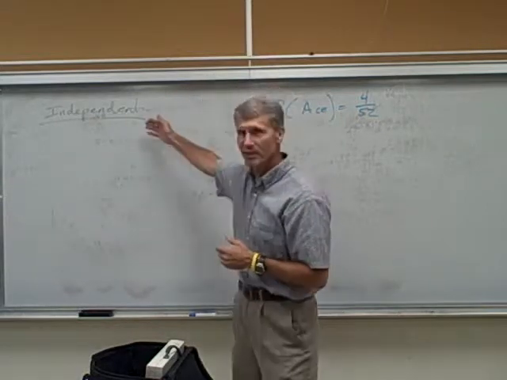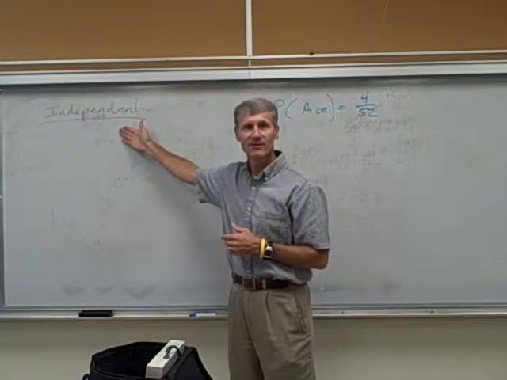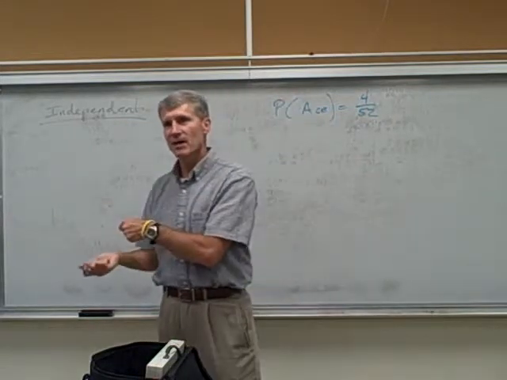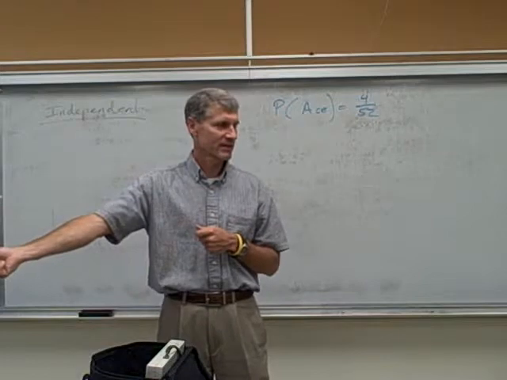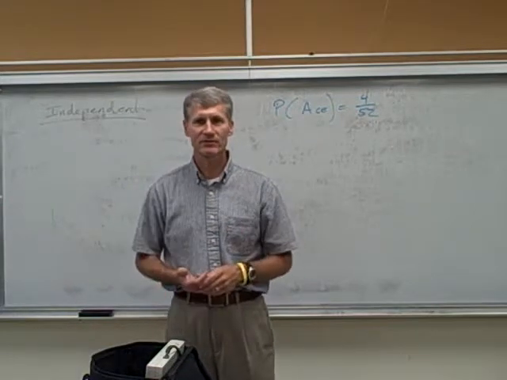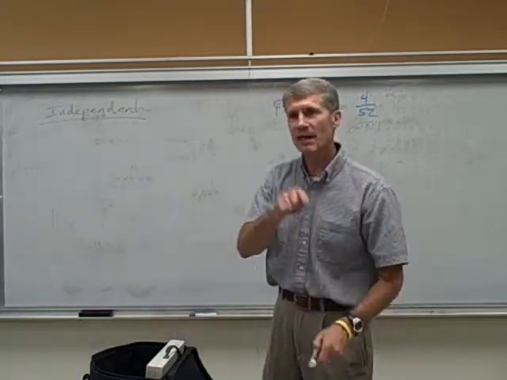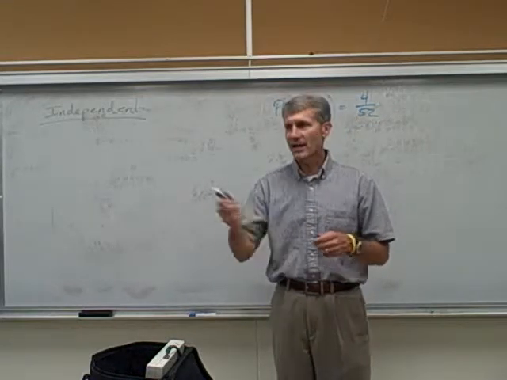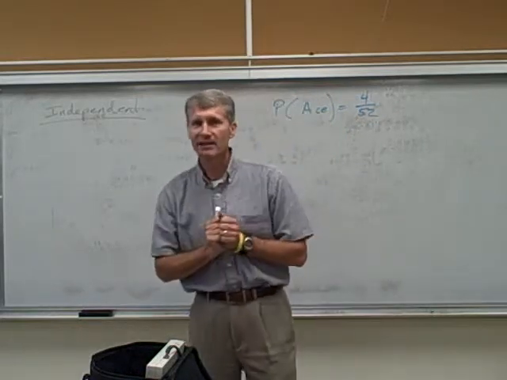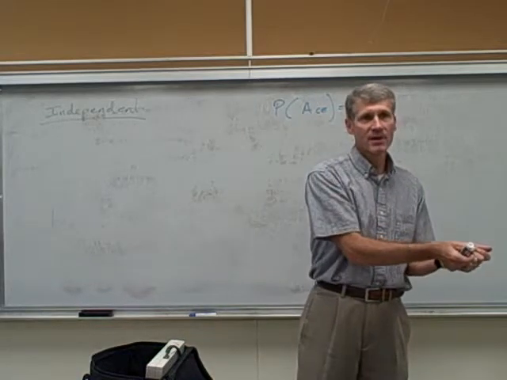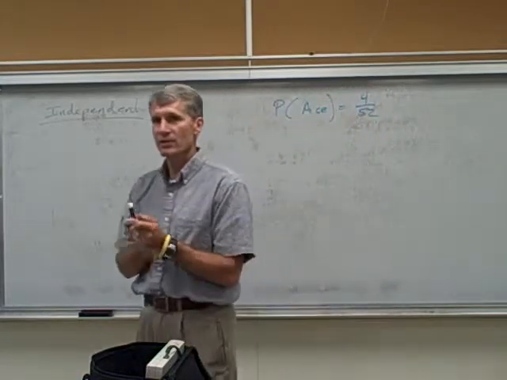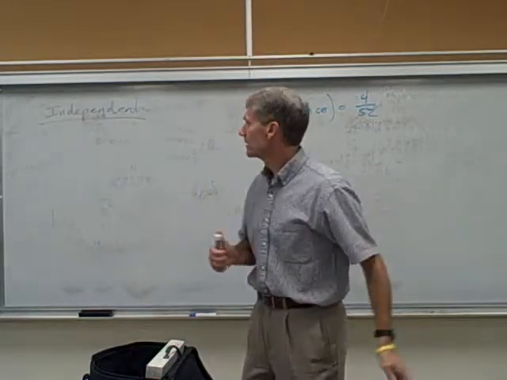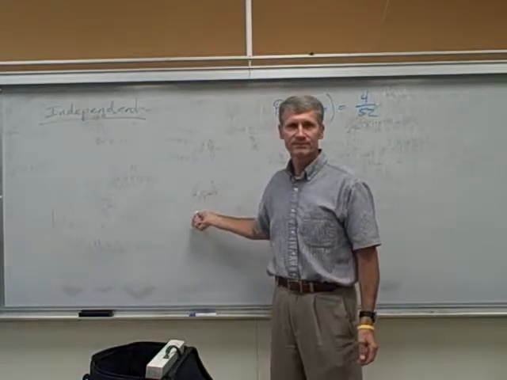So are they independent trials? No. If the outcome of one event depends on what happened on another event, then they're not independent trials. The key there was sampling with replacement versus without replacement. I didn't let him put his card back, and I had her draw. Had I put his card back and reshuffled the deck, then her probability is still 4 out of 52.